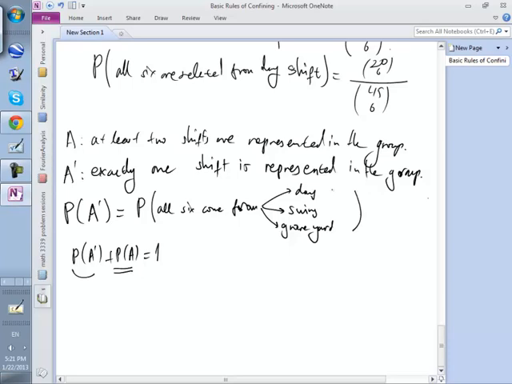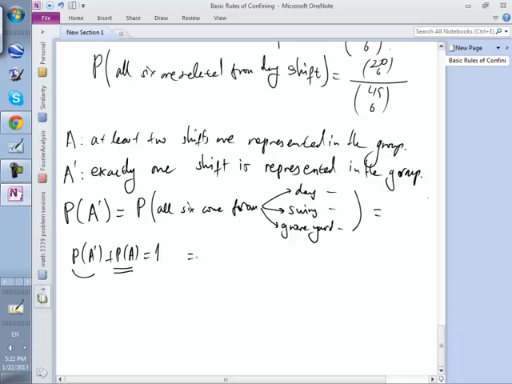So those are 3 sub-events. So A prime can be realized if one of these sub-events becomes realizable. What are these 3 sub-events?